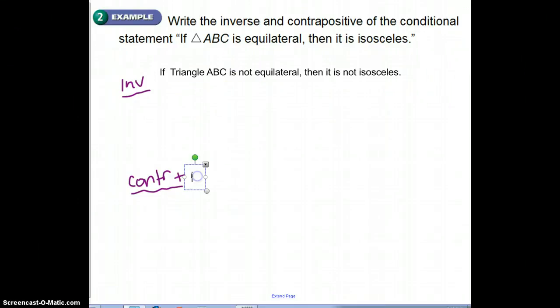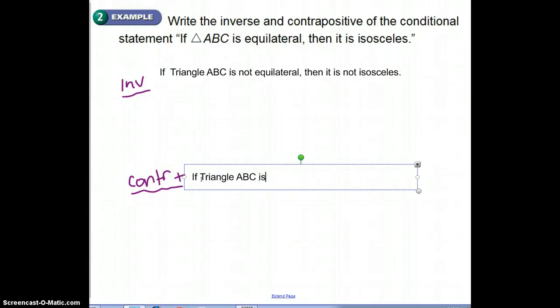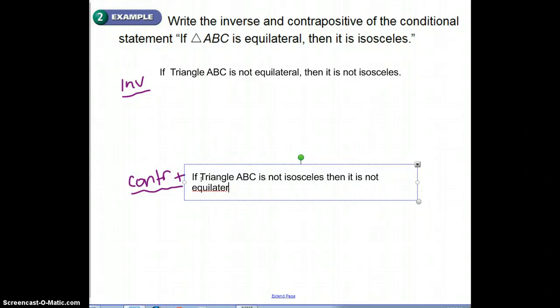Now, if I'm going to do a contrapositive, I have to not only take the negations, but I have to switch them. So isosceles would have to go first, and then the equilateral would have to come after it. So again, if triangle ABC is not isosceles, then it is not equilateral.